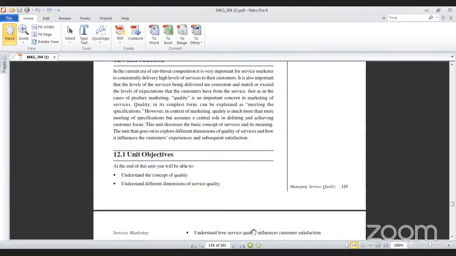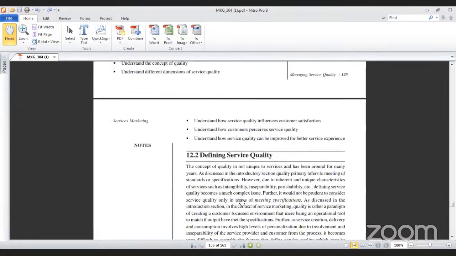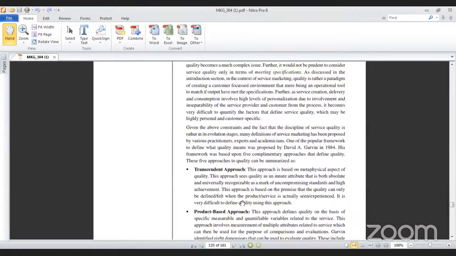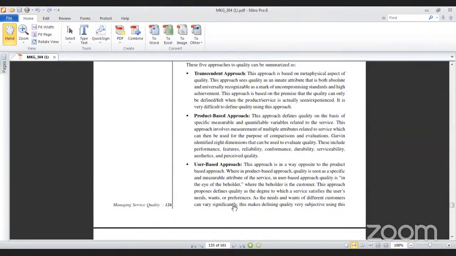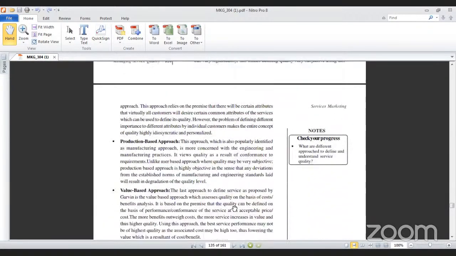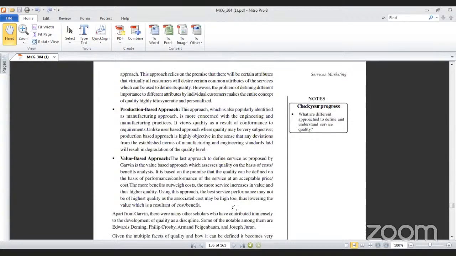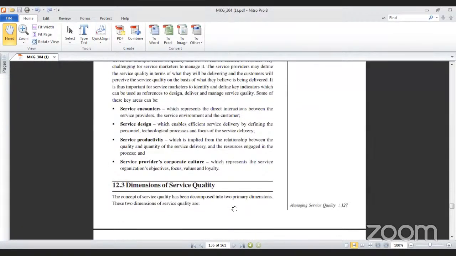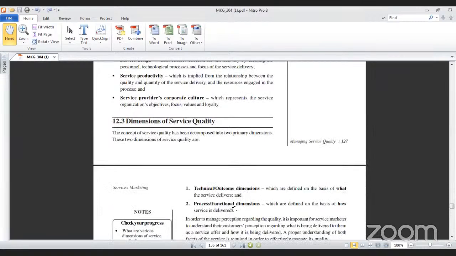In this unit, the main objectives are to understand the concept of quality and understand different domains of service. Five approaches of quality can be summarized: first, transcendent approach, product-based approach, user-based approach, production-based approach, value-based approach; service encounter, service designing, service productivity, service provider, cooperative culture.